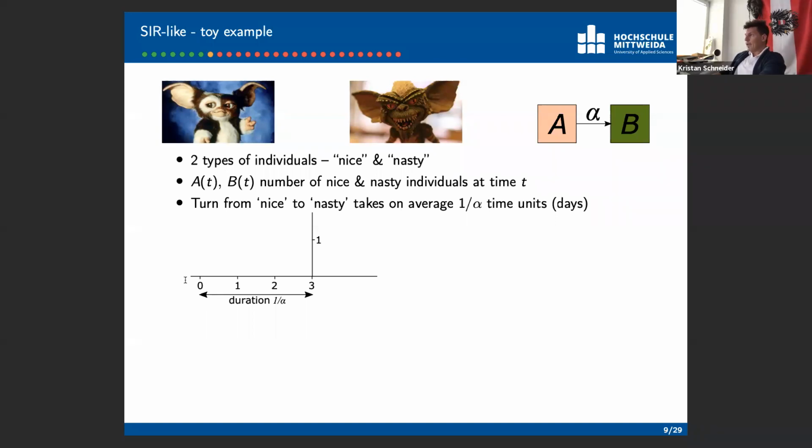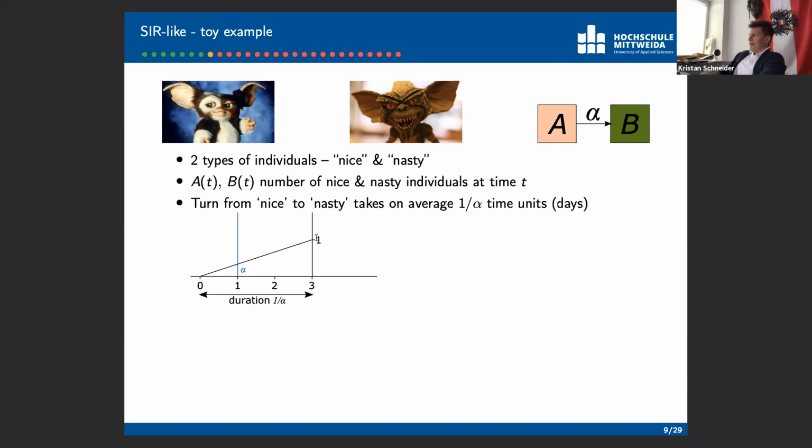to nasty. So in 3 time units, one individual essentially got nasty. So how many got nasty in 1 time unit?